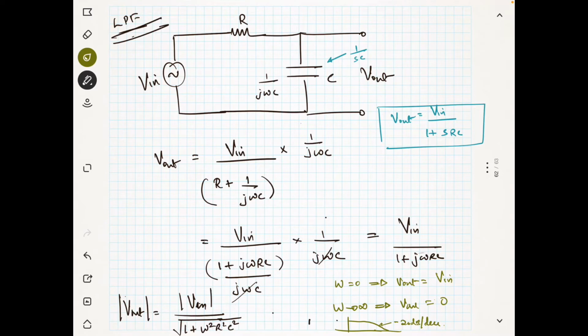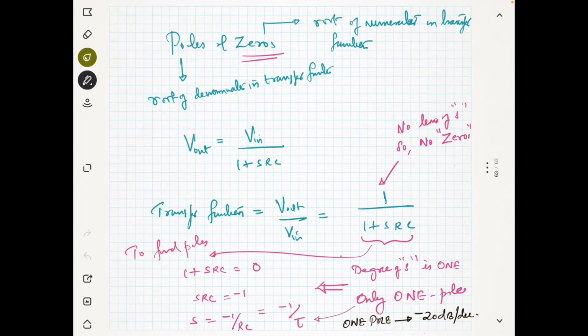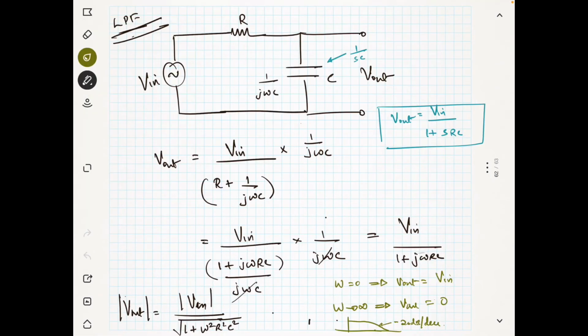Okay. So, what is happening to this cutoff frequency? Suppose omega is equal to 1 by RC, what is happening here?